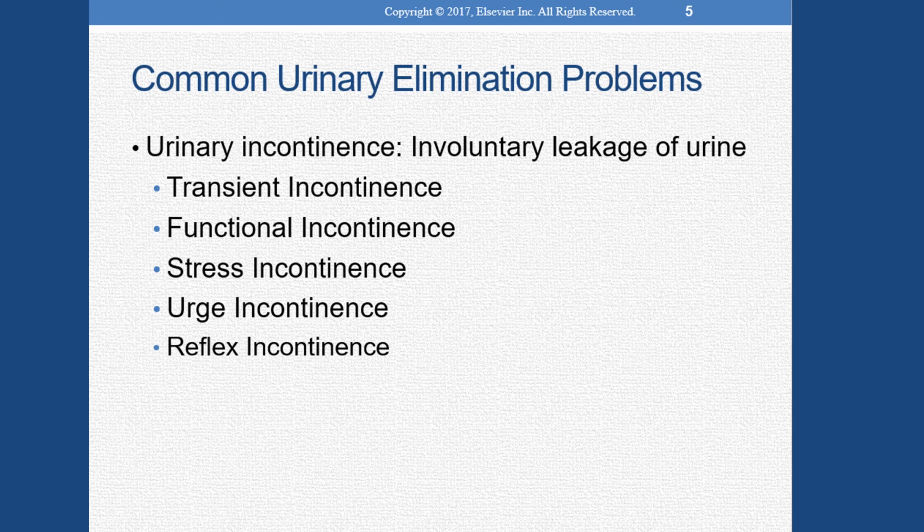And what are they caused by? Transient incontinence is caused by a medical condition that may be reversible. Functional would be cognitive, sensory. Stress would be coughing, laughing. Urge, at least on the way to the bathroom, those kind of things. And then reflex would be related to spinal cord damage. But go and find out what those look like in detail.